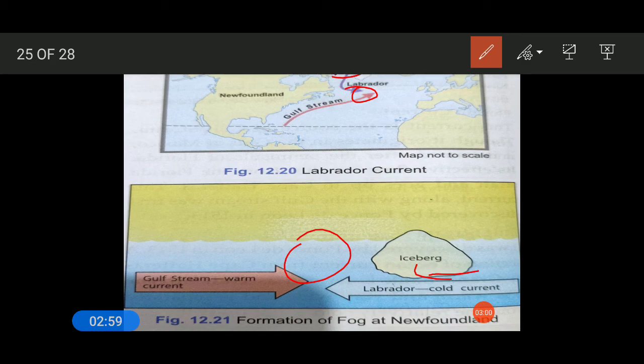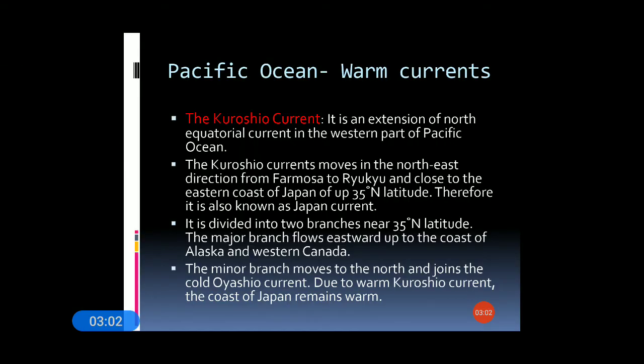Now coming to the next, we'll be discussing some warm currents of the Pacific Ocean. We have already discussed the Atlantic Ocean. Remember, we are discussing only the currents in the northern part of the ocean, the northern Pacific Ocean.